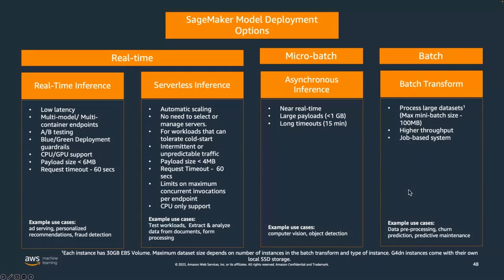Finally, there is batch transform. That's when you need to process large chunks of data overnight, such as, for example, when you're going to be featurizing data you recently obtained to store in Feature Store, or you're going to be outputting the results of inference into your data stores.